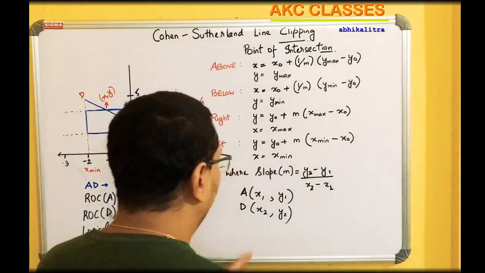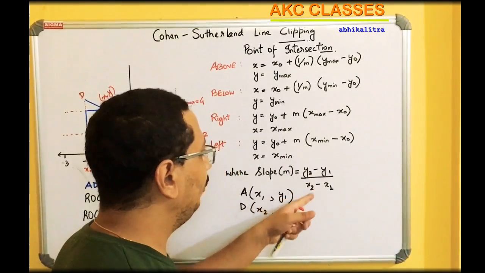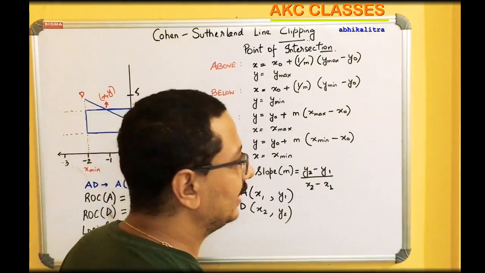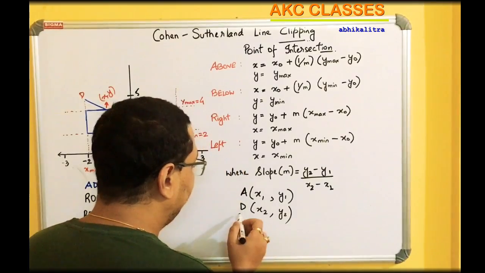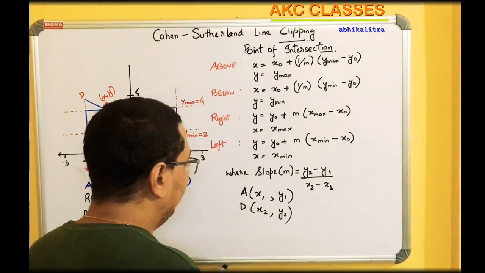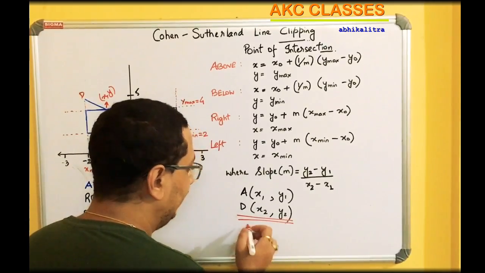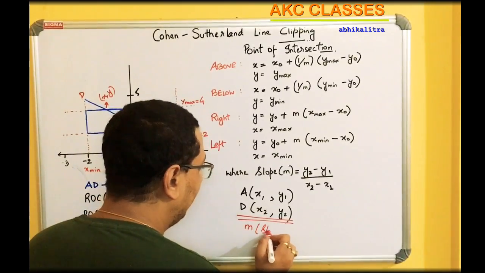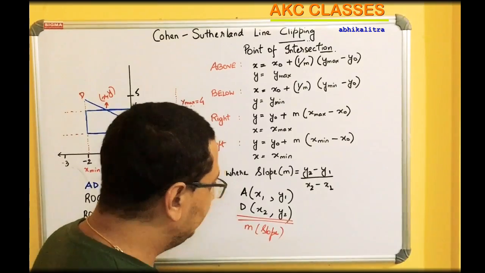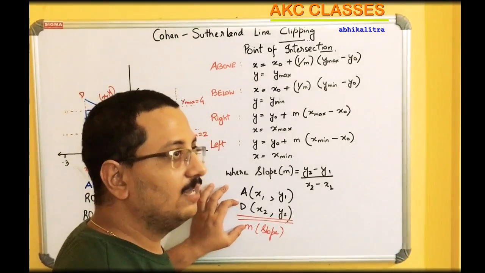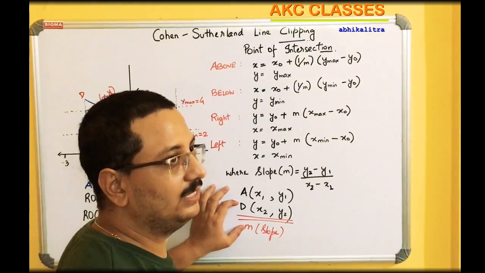So after we have calculated the slope of the line using y2 minus y1 divided by x2 minus x1, we are supplied with the b coordinate location and the slope of the line m. Now, using these two given entries, we have to calculate the equation of the line.